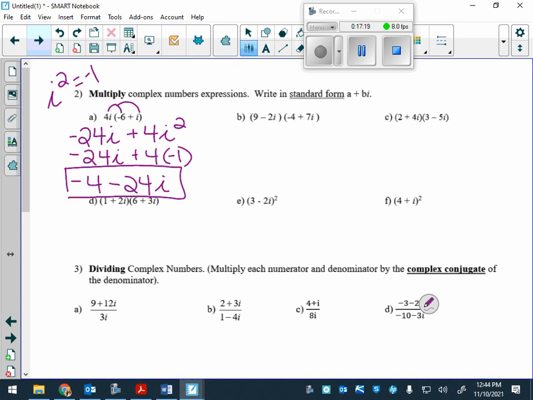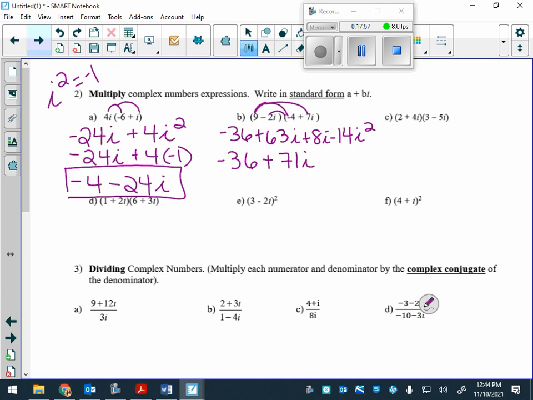And for B, what would you do in this case? What would you do here? Yeah. You would FOIL. Good. So we are multiplying. Negative 36 plus 63i plus 8i minus 14i squared. Can I combine any terms right now? Looking at it. What, Andrew? 63 and 8, which gives us 71i.